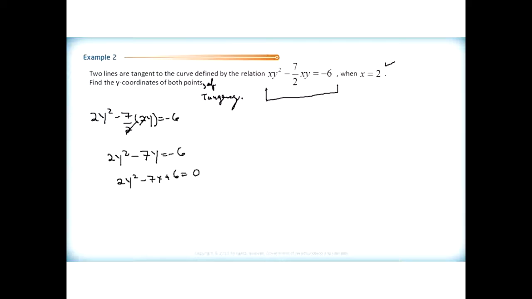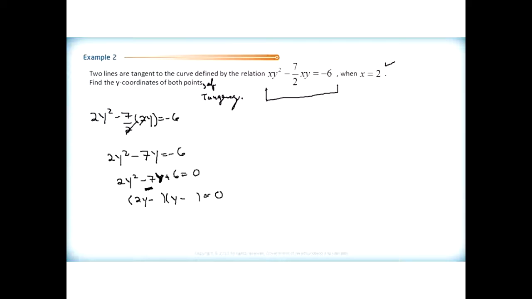Aha! So now we can see why I'm going to get two different y values for that one particular value of x. This is quadratic, and we can factor that, of course. So we'll have factors that start with 2y and y. And I need two factors of positive 6 that will make this work. We've got to add up to a negative 7 in the middle, so let's go with a negative and a negative.